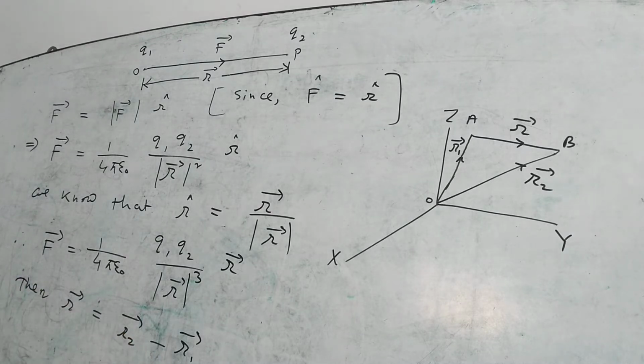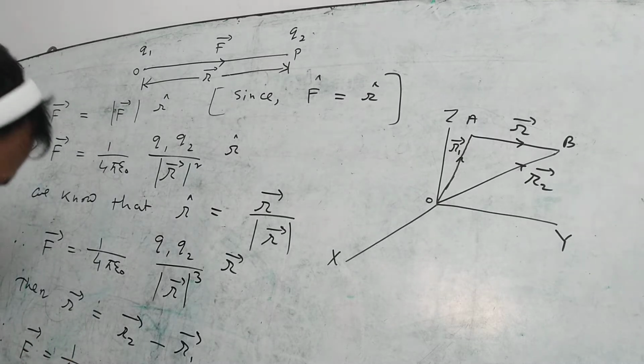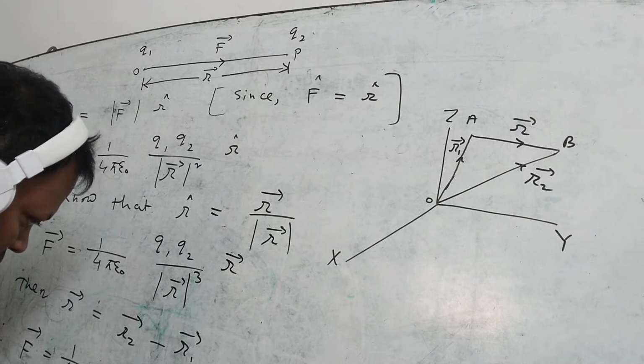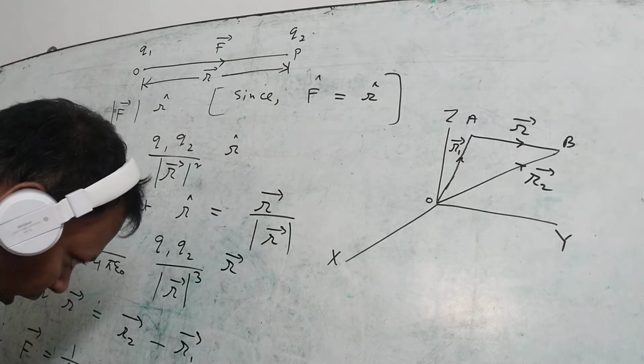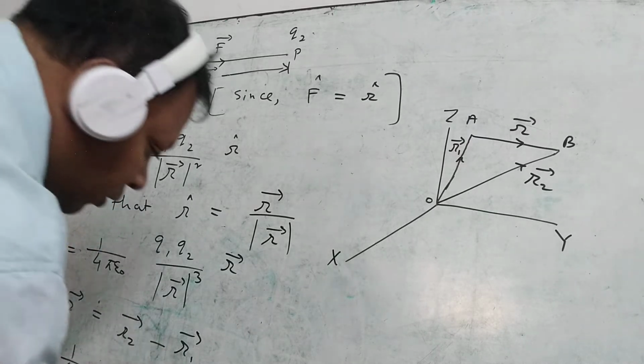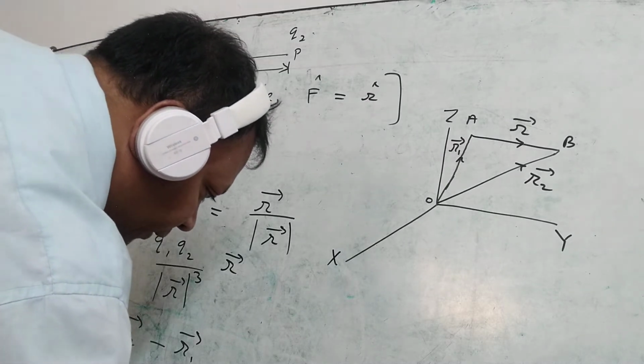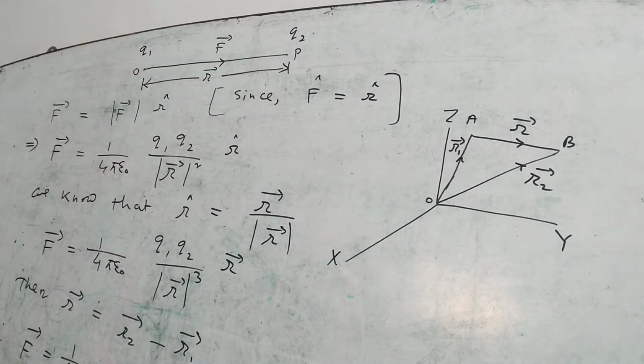It comes from the triangle law of vector addition. So therefore, we can write F is equal to 1 by 4 pi epsilon 0 Q1 Q2 by mod of R2 minus R1 whole cube into R2 minus R1. This is another form of Coulomb's law in vector form.